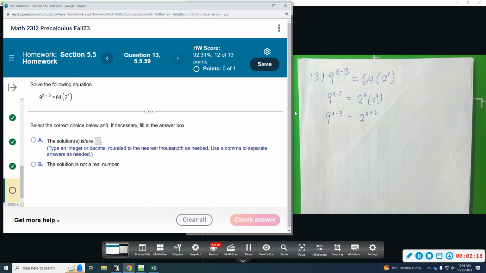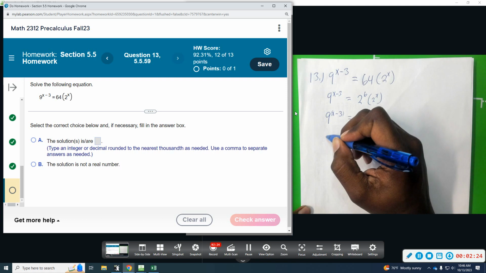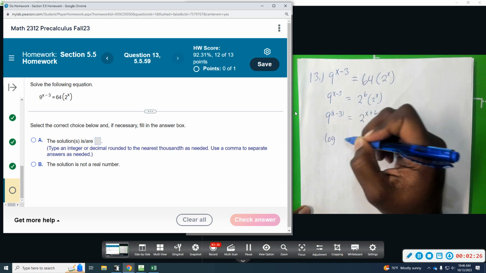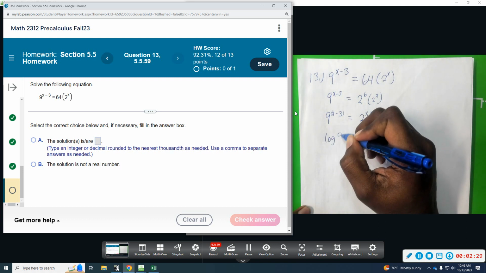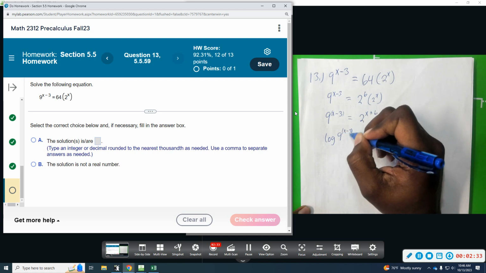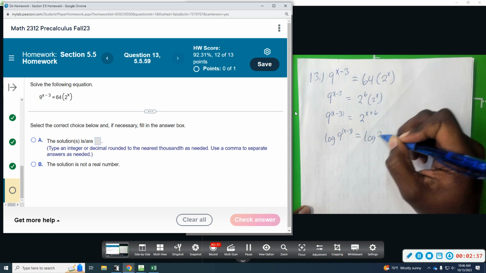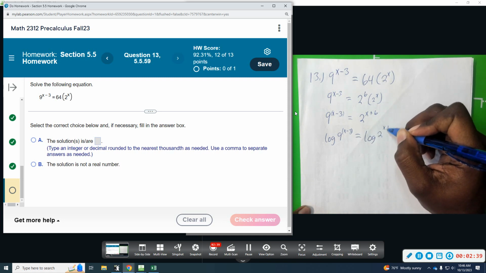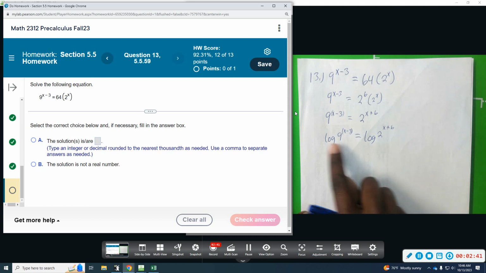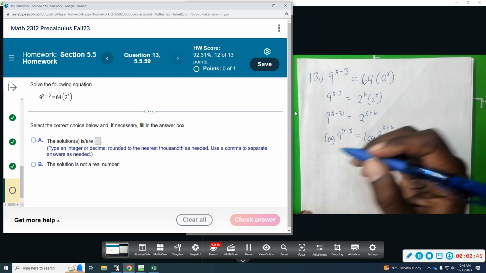Now we're going to apply log to both sides so I can get these exponents down. So I'm going to do log of 9 raised to the x minus 3 power, and that's going to equal log of 2 raised to the x plus 6 power. The property of logs will now allow me to bring those exponents down.